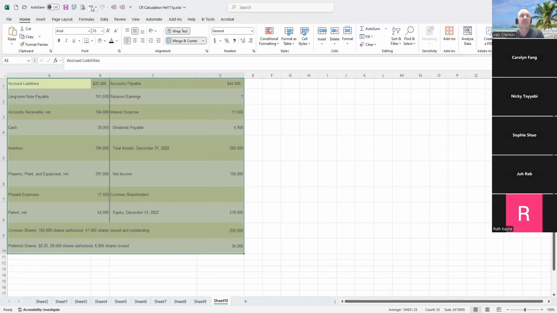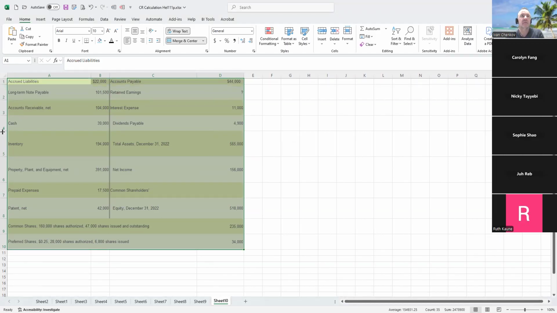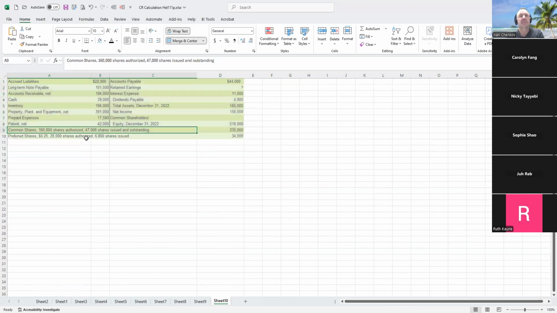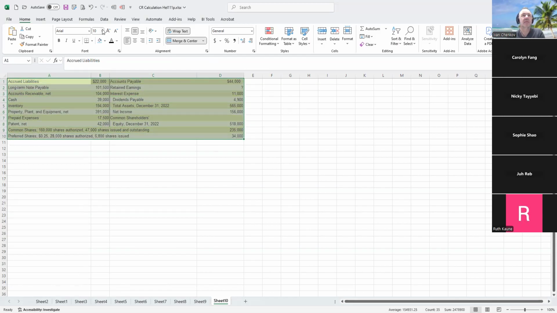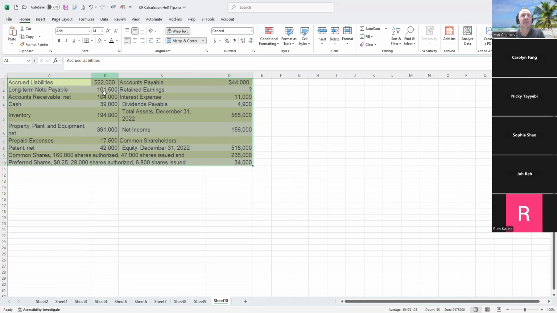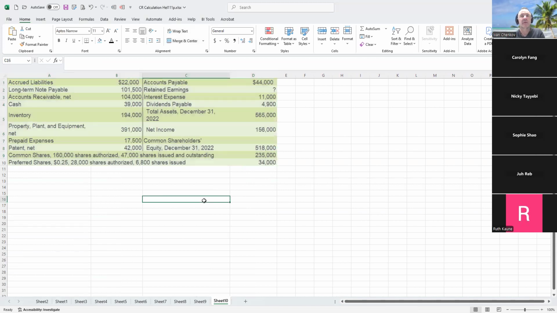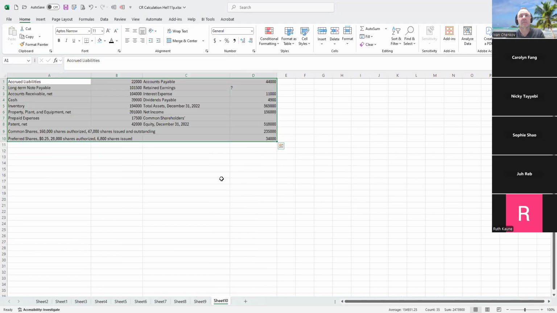Looking good. Okay, can you guys see the information? Yes. Let's make it bigger so you can see it better. Maybe I should get rid of this. Let's make it this way.